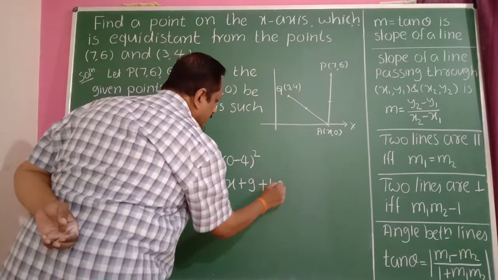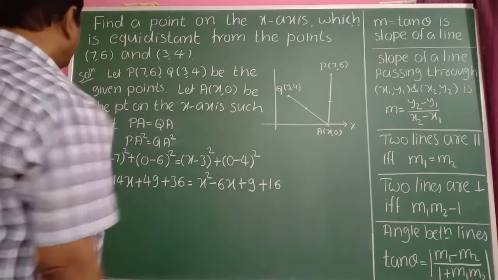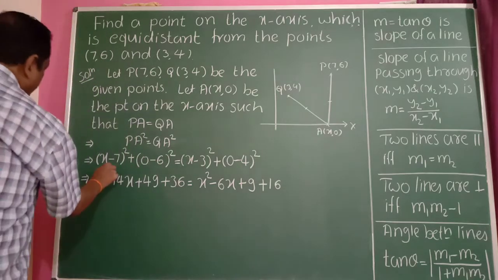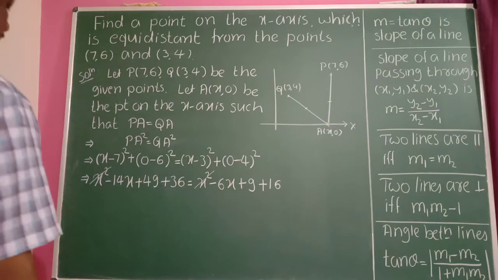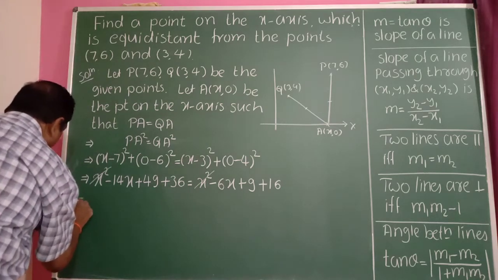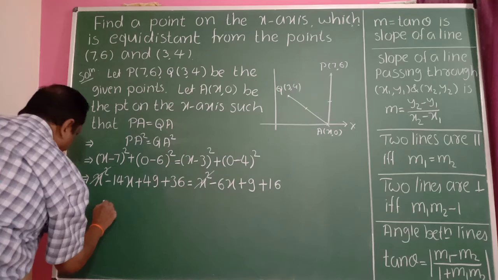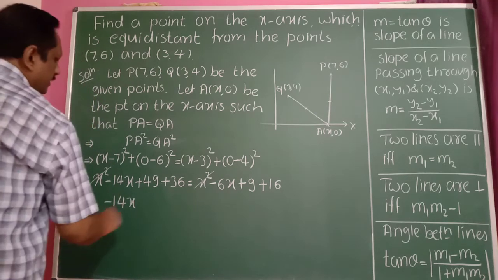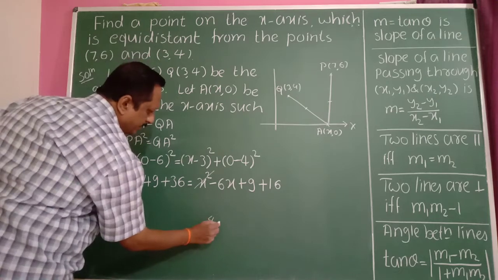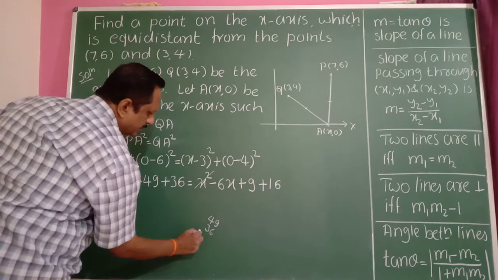Then this x square and x square get cancelled. Then this implies minus 14x, 49 plus 36.